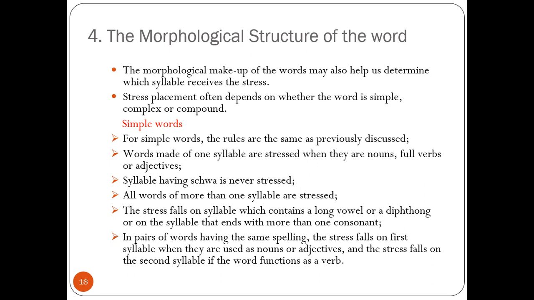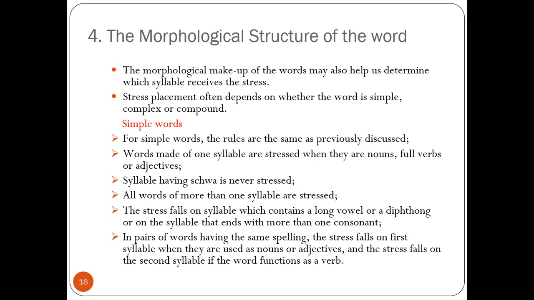If you have considered all of those previous three features, then you should also think of the fourth feature. This is the last one, which will tell you where to put stress. Stress placement often depends on whether the word is simple, complex, or compound. So morphologically, we must know whether the word is simple, complex, or compound. Once we have known them, then we could make some rules.